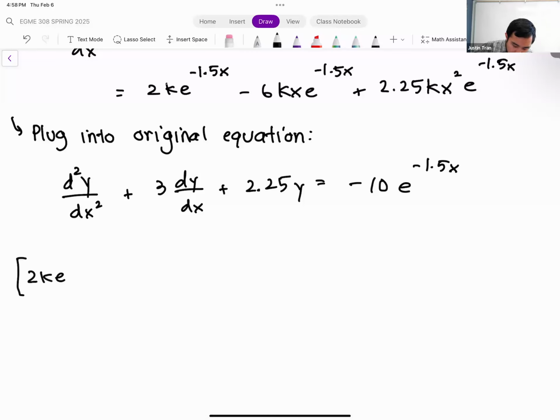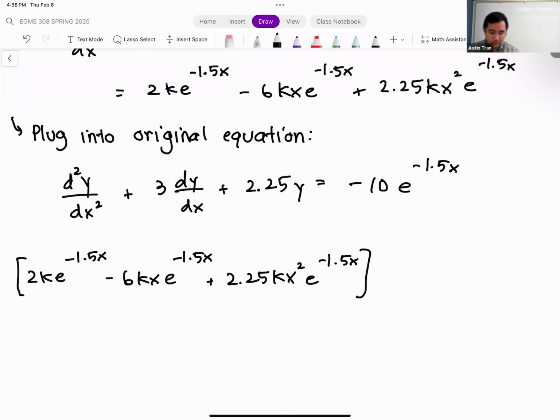We have 2k e to the minus 1.5x minus 6kx e to the minus 1.5x plus 2.25 kx squared e to the minus 1.5x. All right, so that's our first term.